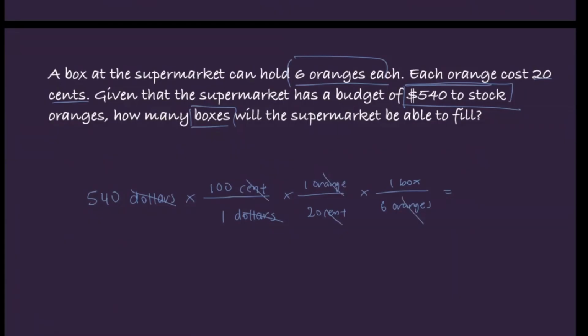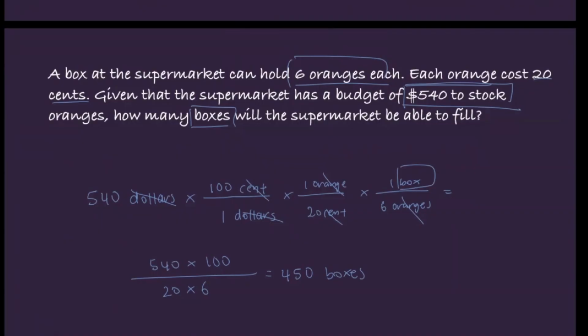Now all you have to do is 540 times 100, divided by 20 times 6. And that will give you the answer of 450 boxes. So it's also a pretty straightforward way to do it.